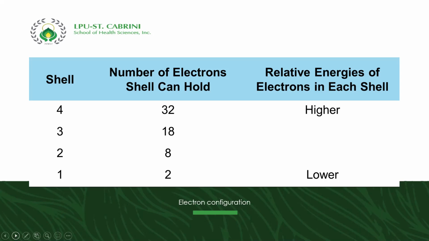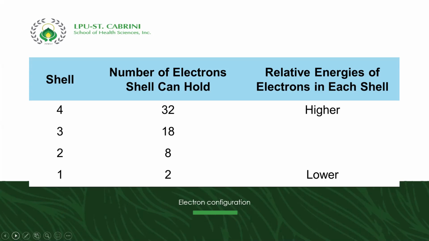Shell 3 can only hold 18 electrons. And shell 4 can hold 32 electrons. These shells refer to the valence shell. I repeat, these shells refer to the valence shell.